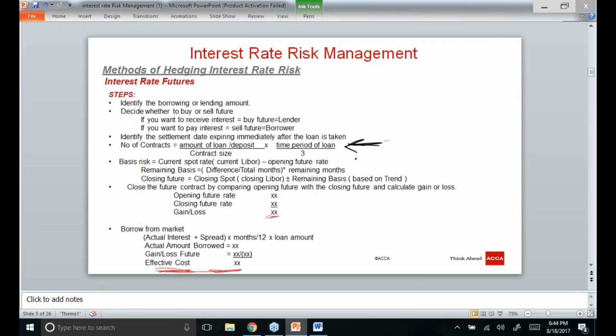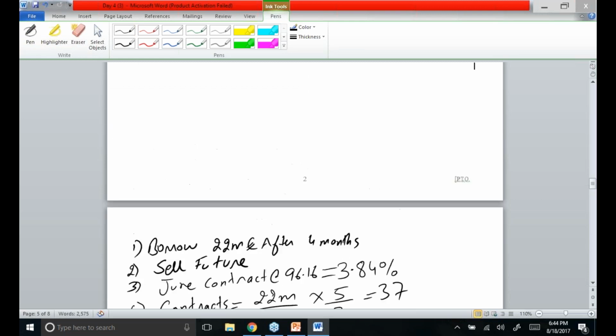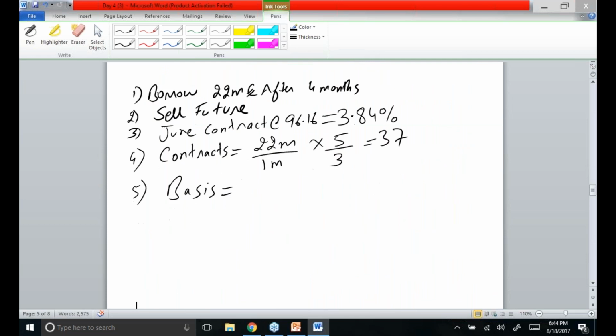Next step is basis. Calculate the basis. And the formula of basis is current spot minus opening future. So what was the current spot? Okay, the current spot is 3.3%. Minus opening future rate, that is 3.84%.